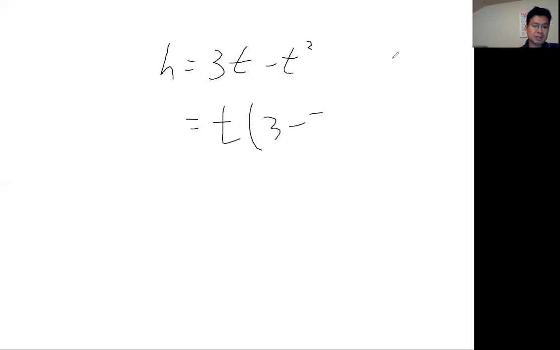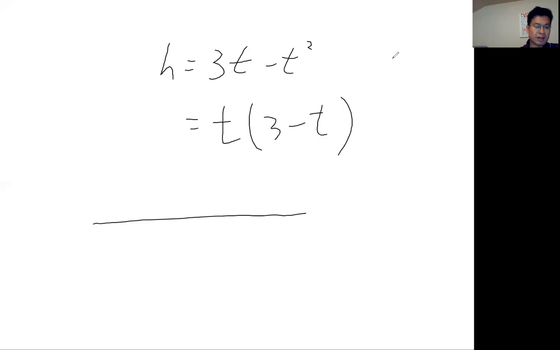The easiest way is to use a calculator and graph it. You go to y equals and put in 3x minus x squared, then press the graph button. Then you see the maximum value of h, which is the y value. But without a graphing calculator, you can simply factor out t, giving t times (3 minus t).